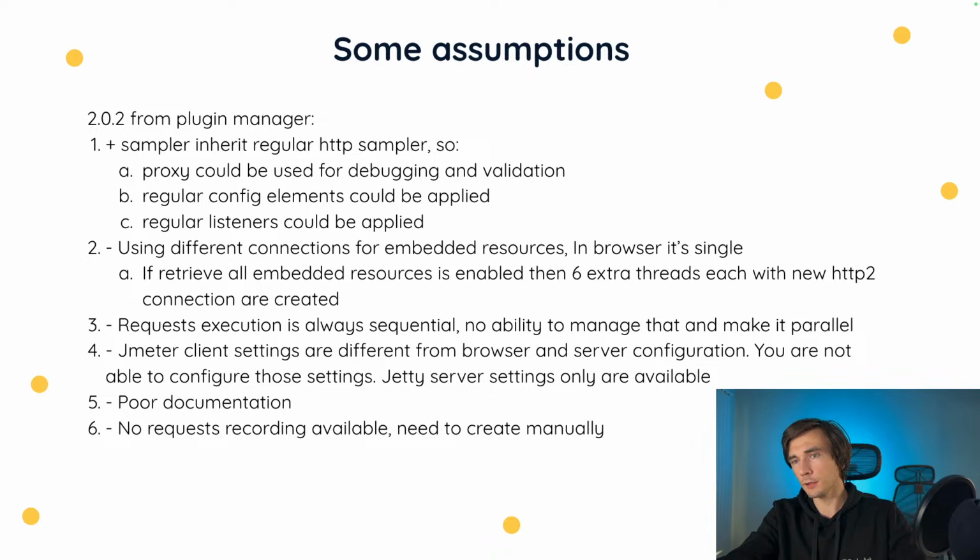You start the recorder and you record a lot of requests from your application, including headers, including parameters, and so on. But in the HTTP2 case, you need to implement them manually. So that's the initial state, what we got, and that's what we tried to fix and improve, at least to make it usable somehow for our testing purposes.